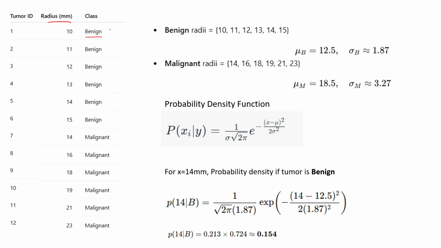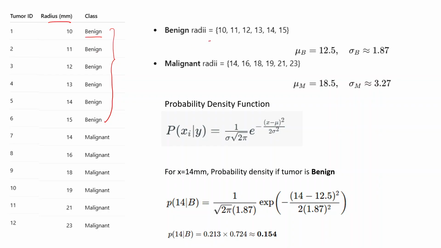That is to decide two class values depending on the tumor radius. It is just a hypothetical example to make us understand the concepts which we are going to discuss further, where the class values are assigned depending on the tumor radius.